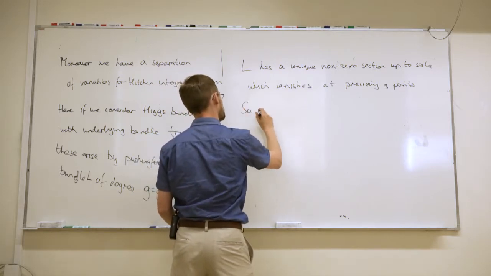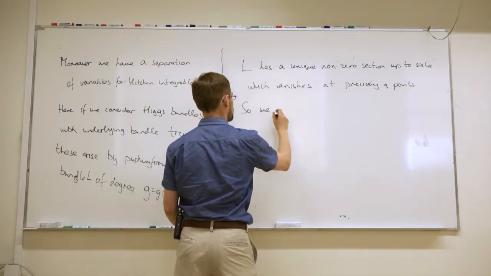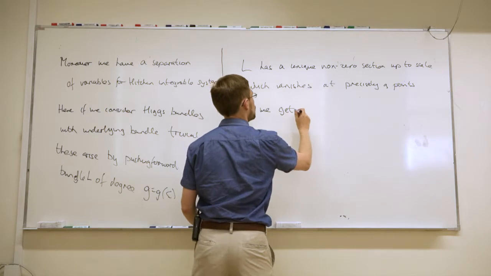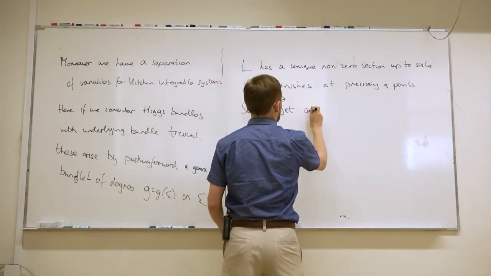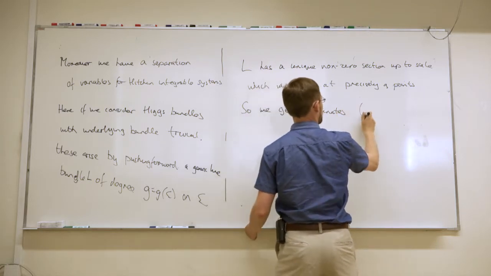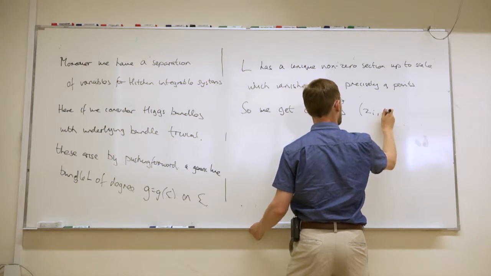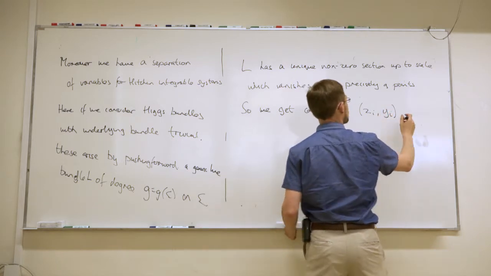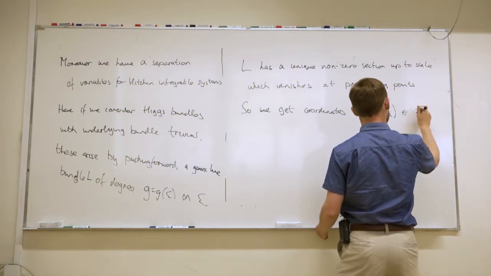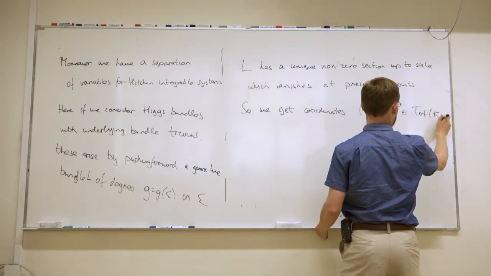So we get coordinates, let's say Zi, Yi, in the total space where the spectral curve is defined.